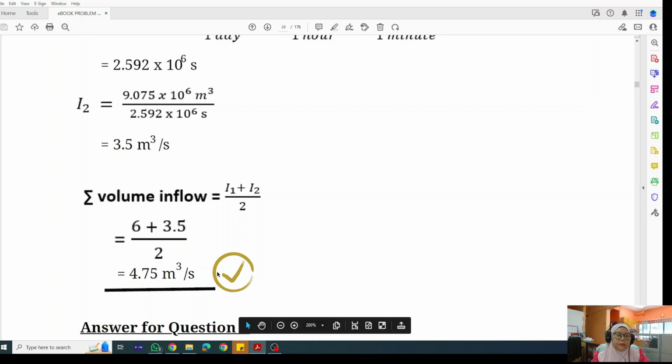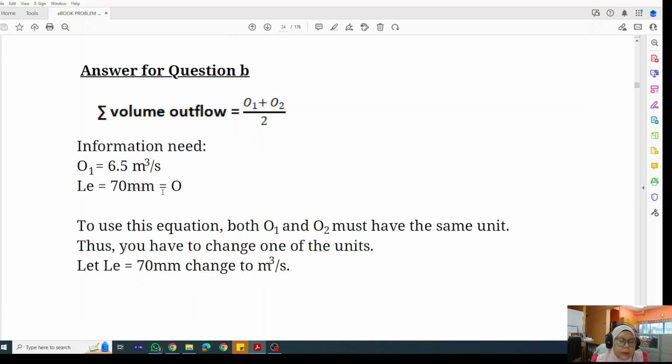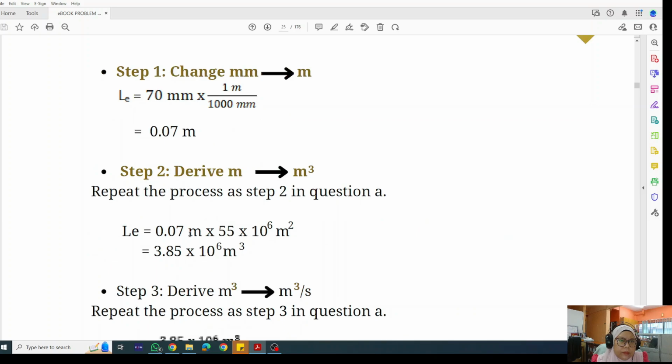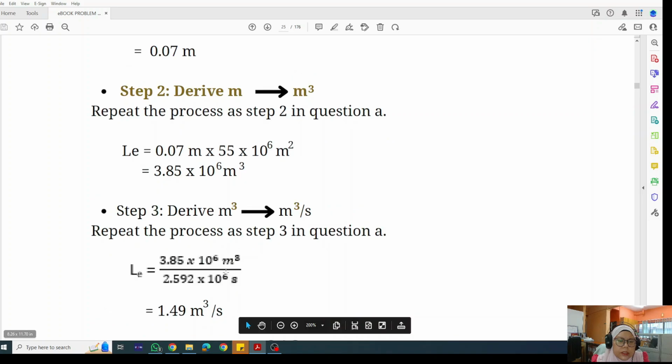Same goes to question B. How you answer question B is similar to how you answer question A. You have to convert the unit first, one step to one step. Convert to meter, and then meter convert to meter cube, and then meter cube convert to meter cube per second, and then do the same calculation process.